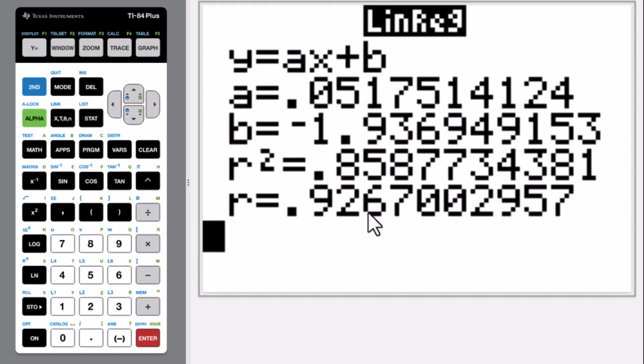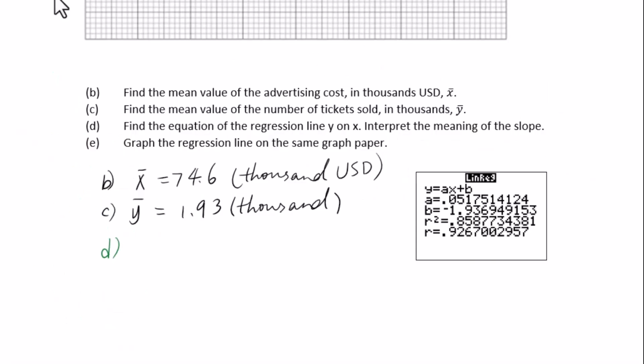This is the correlation coefficient, 0.927. So we get for D, y equals 0.0518x plus negative 1.94. We will write down minus 1.94.